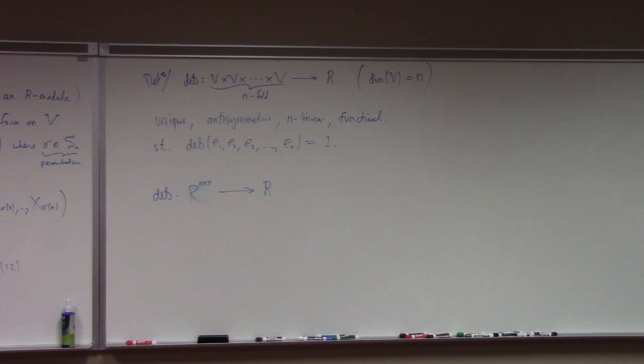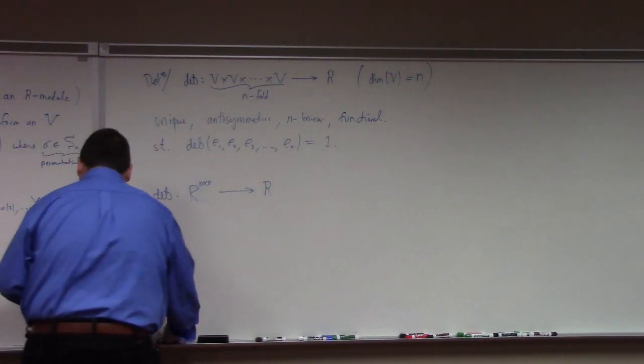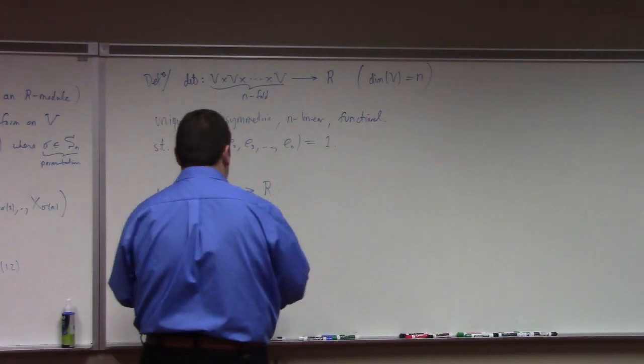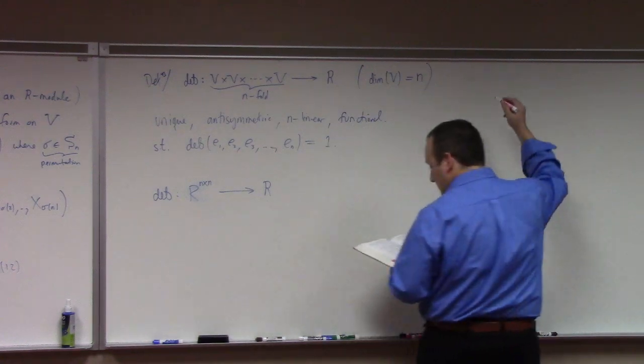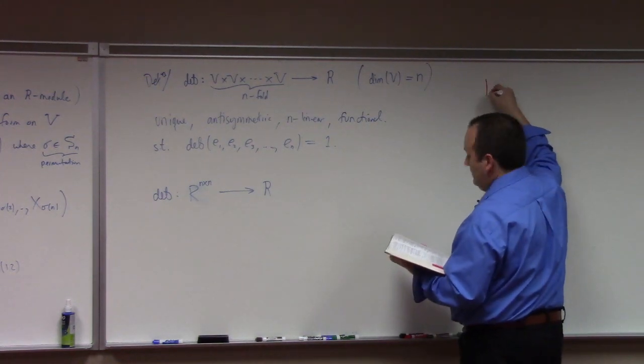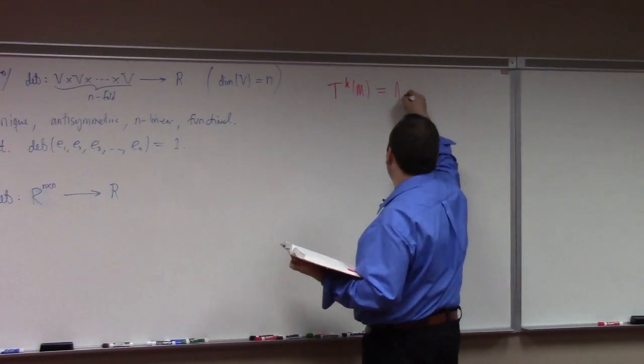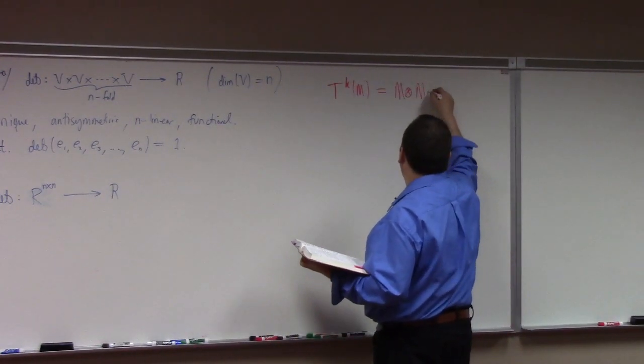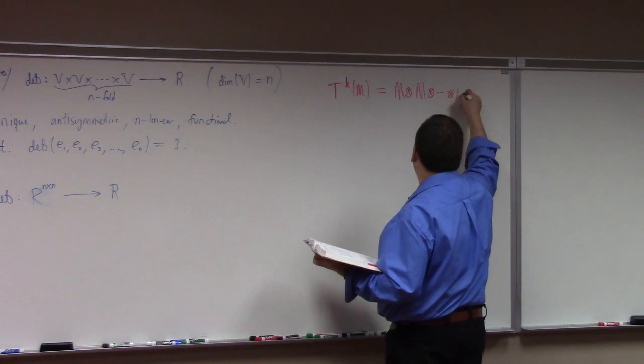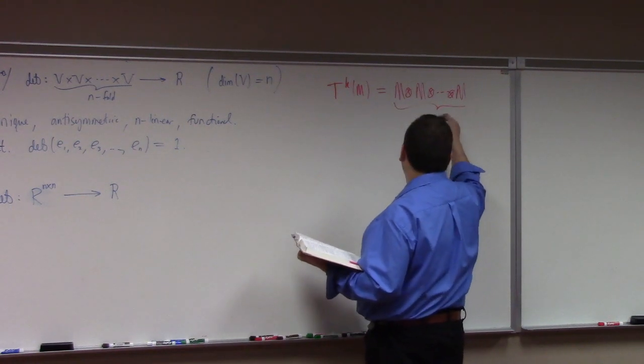So getting back to what Bethany was asking me about a little bit ago, we can in fact define the tensor product. So T^k of M is M tensor M tensor M, k-fold times.